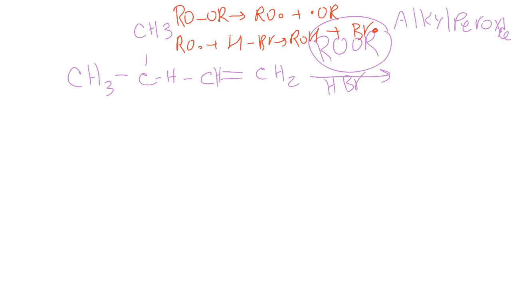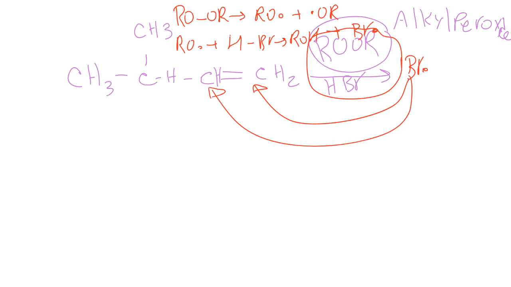Now, your electrophile is the free radical of Br, not the H plus. So this combination is going to give you Br free radical, basically. Now, the Br free radical has a choice to attach to carbon 1 or carbon 2. Which one is going to happen?